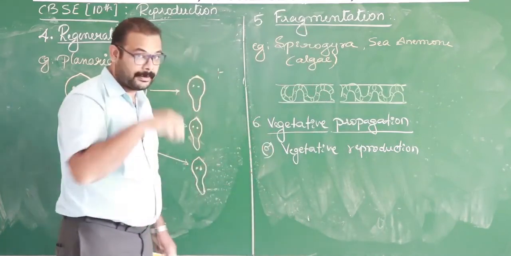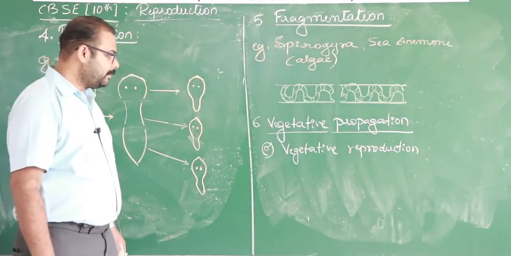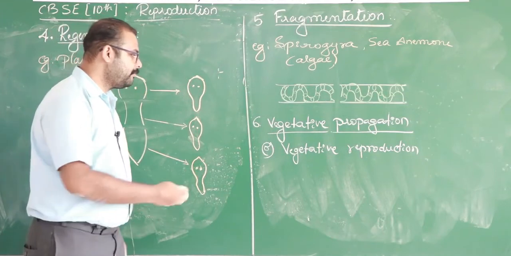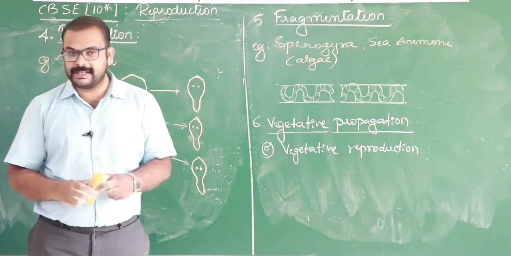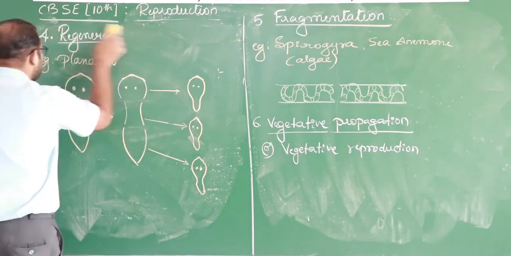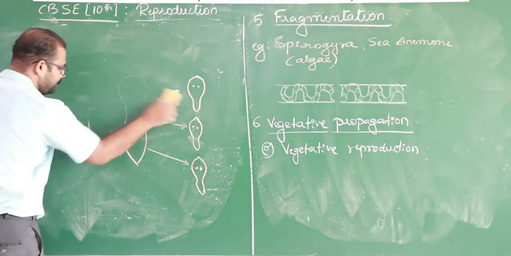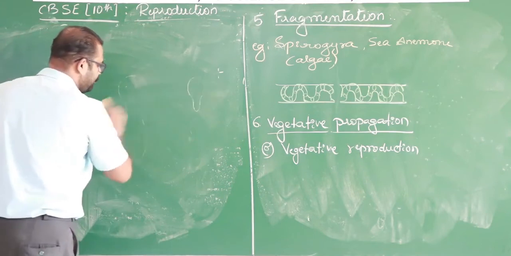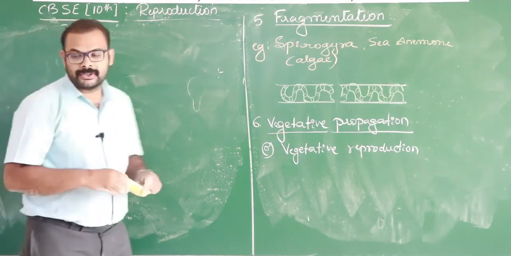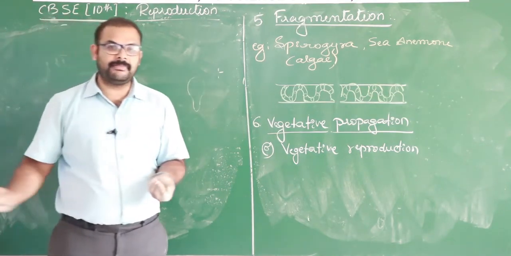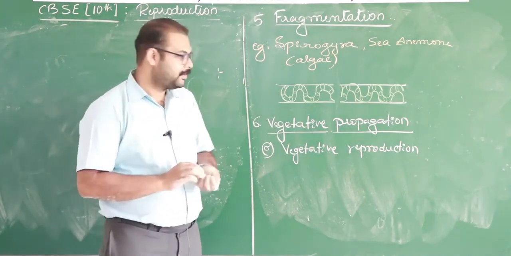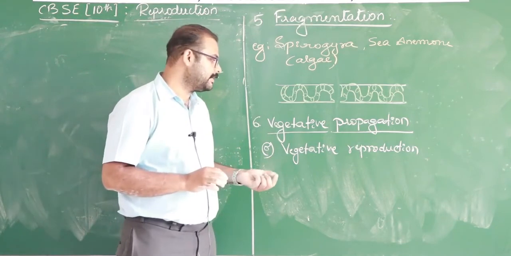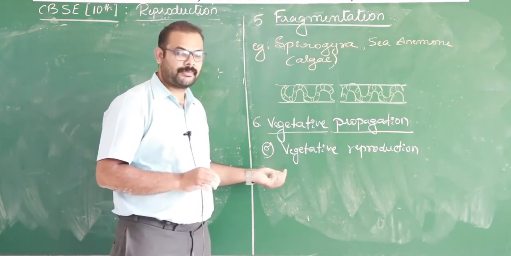So what actually is vegetative propagation? Vegetative propagation is a method of asexual reproduction. It can be seen mainly in plants. Some plants reproduce without producing gametes. Such a method of reproduction is what we call vegetative propagation.